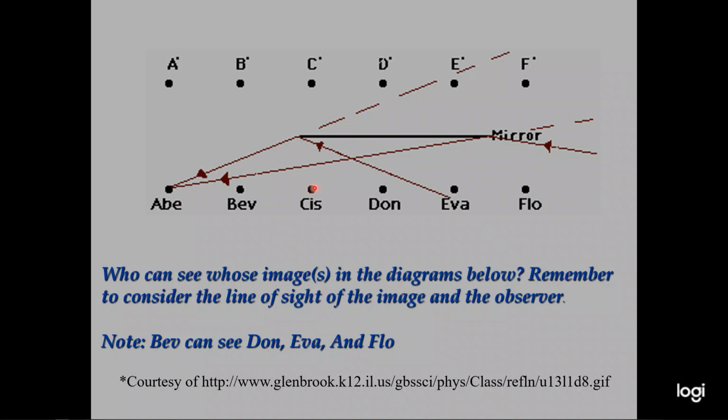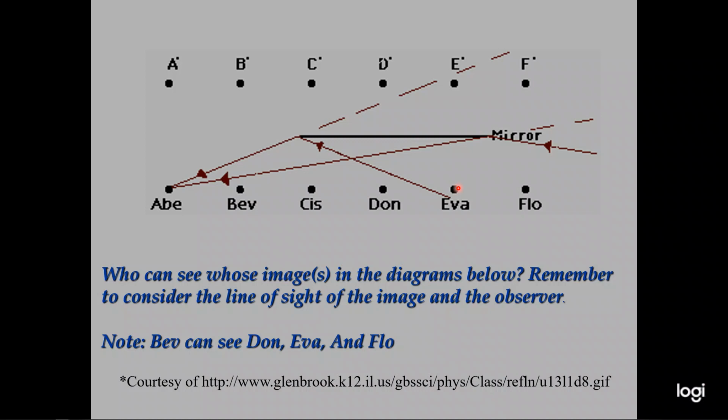And then you draw the line of sight for Sis. Sis can see herself, Don, Eva, and Flo. Then you draw the line of sight for Don in between the mirrors, one there and one there. Don can see Bev, Sis, Don, Eva, and Flo.